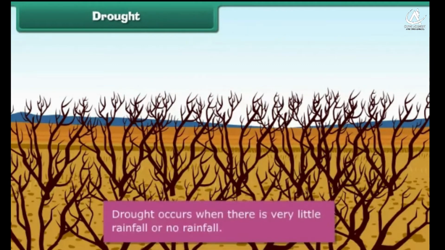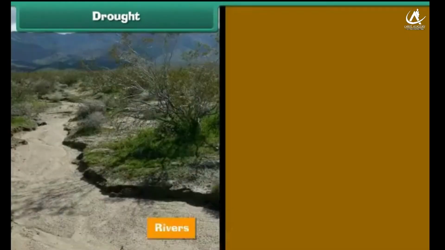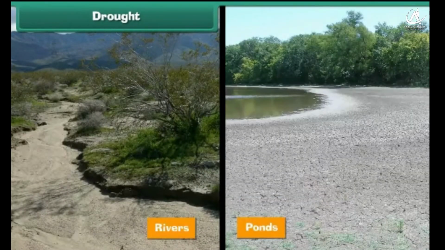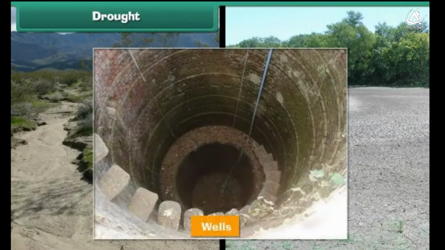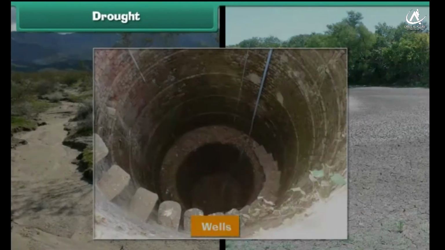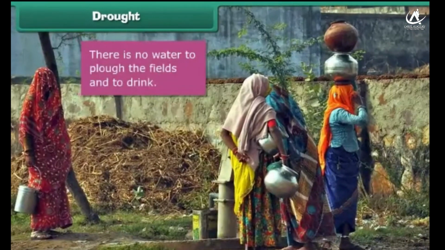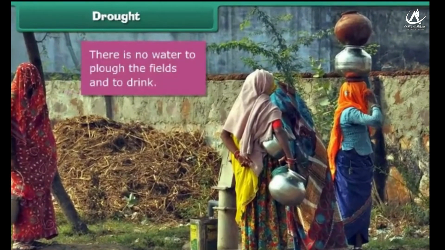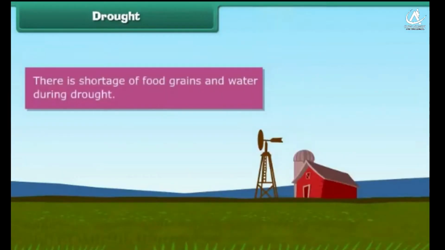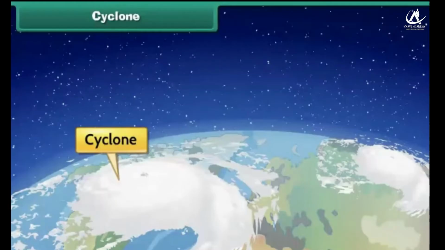So we can say that drought occurs when there is very little rainfall or no rainfall at all. During droughts, the rivers, ponds, wells, and other water resources dry up. There is no water to plow the fields, and even drinking water is hardly available. There is a shortage of food grains and water.